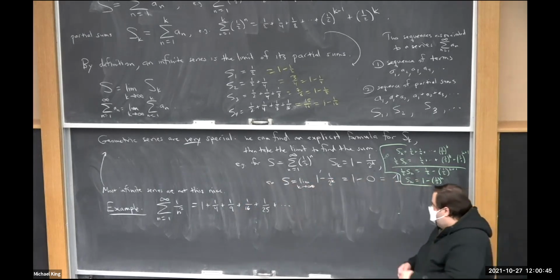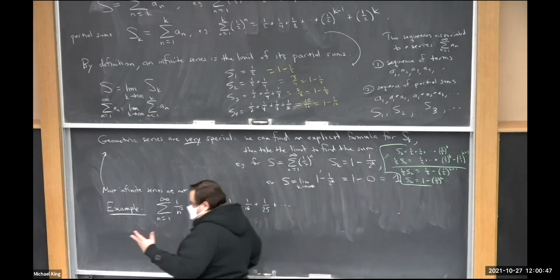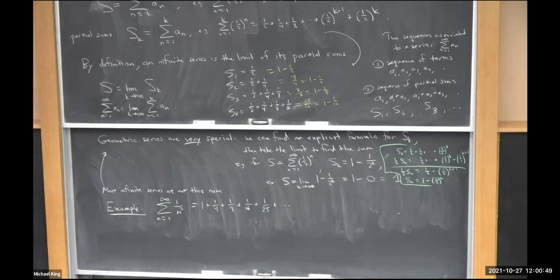It turns out that this does converge. We'll give an argument for why that's true. But I'm going to ask Wolfram Alpha to sum the first 100 terms of this series, just to get an estimate.